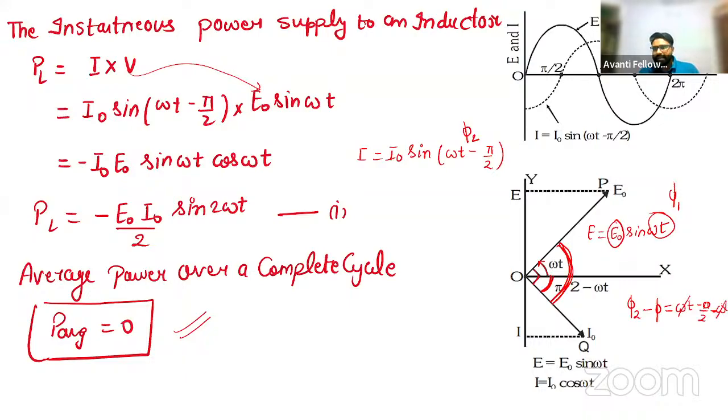Omega t and omega t will cancel out. So the total phase difference is on the negative side, which is minus pi by 2. Minus pi by 2 means this phasor should be drawn from the positive x-axis, but in the opposite sense of omega. Clear?